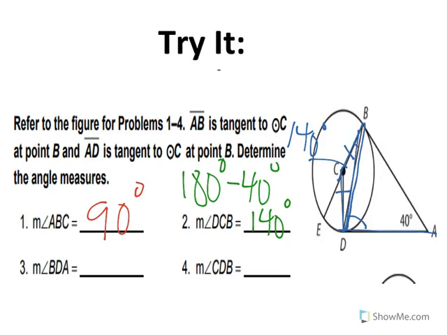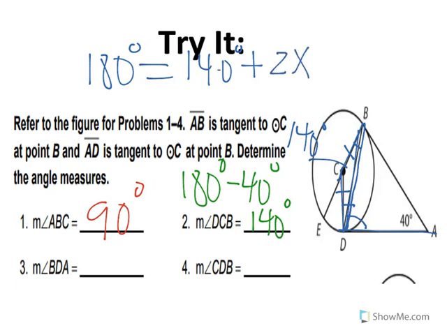So that means this small angle here and this small angle are congruent. So we take 180 equal to 140 plus, let's call those two angles x, so there's two of them, 2x. So then 40 equals 2x.